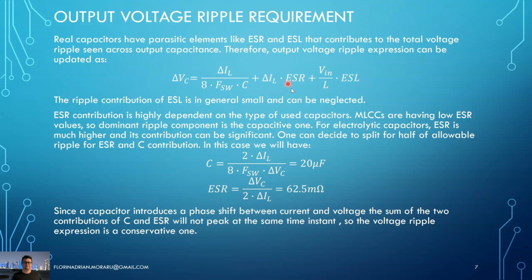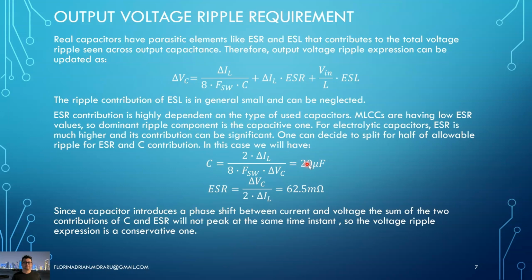So if we have 100 millivolts total allowable voltage ripple, someone can say, okay, I will use 50 millivolts for the capacitive part and 50 millivolts for the ESR part, and then we can simply recalculate our values.